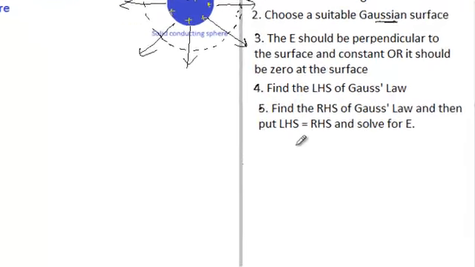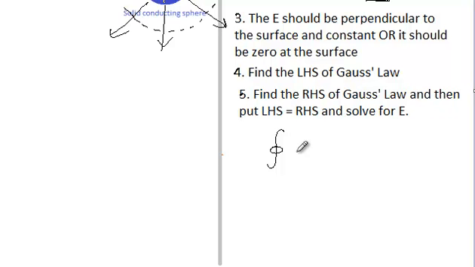So if you recall, Gauss's law states that integral E dot dS over a closed surface is equal to 1 by epsilon naught times the charge enclosed by that surface. If you do not remember Gauss's law, I suggest you go through the lesson titled Gauss's law and then come back to this lesson.